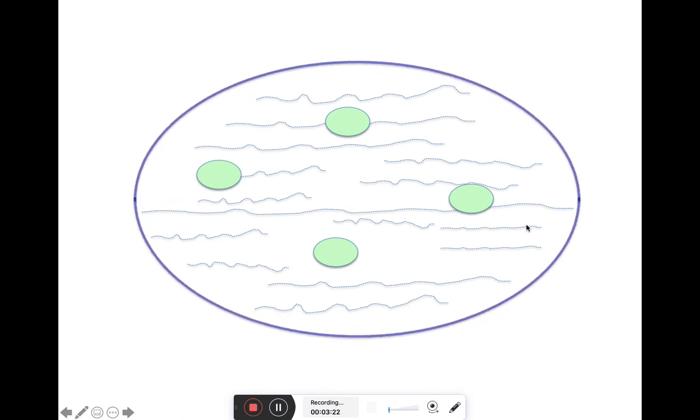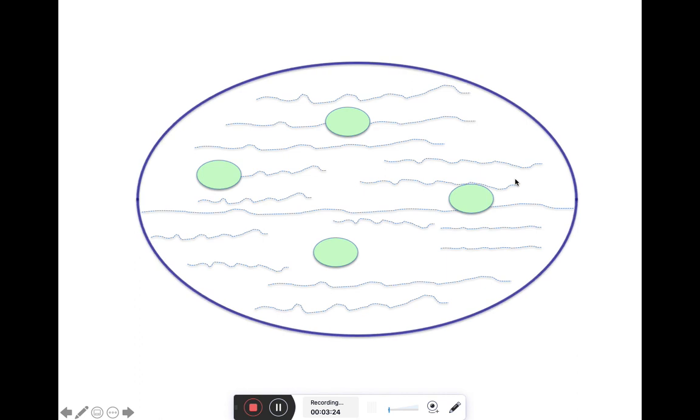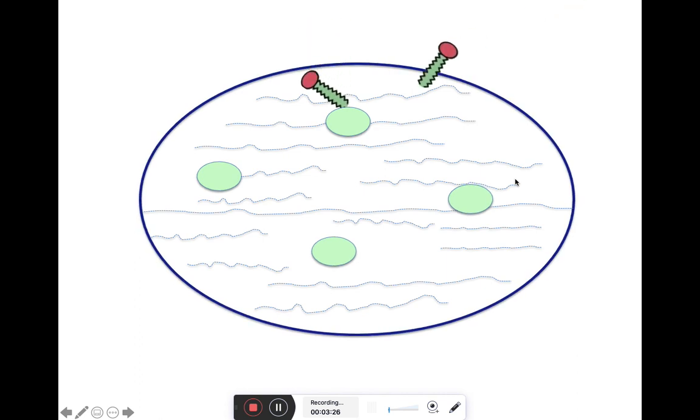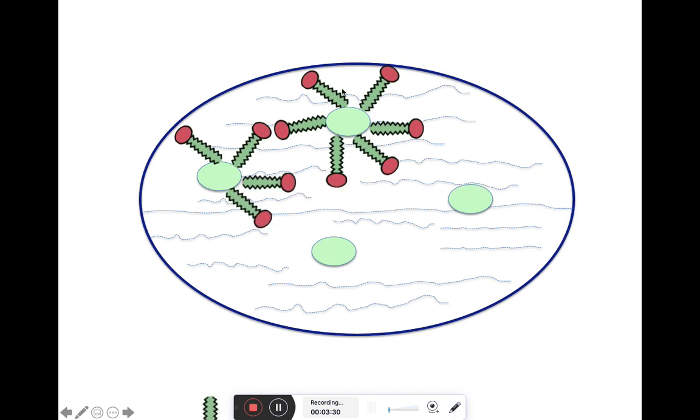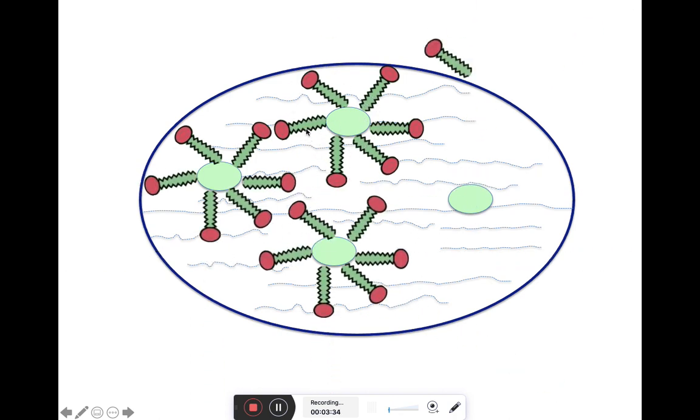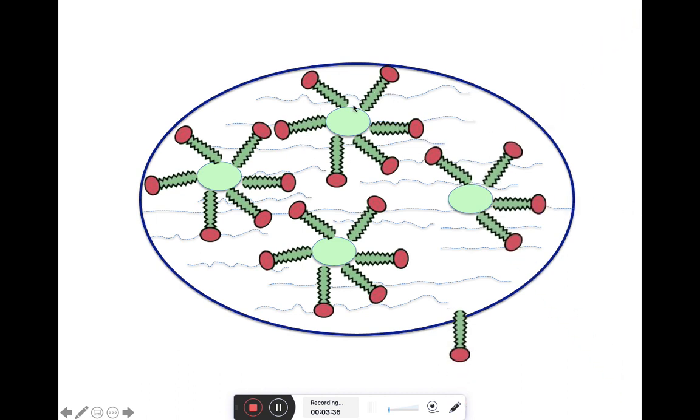But in the GI secretions, if amphipathic molecules are present, these amphipathic lipids form a layer around each lipid droplet in such a manner that non-polar tails are directed towards the lipid droplet and the polar heads are towards the surface. So these lipid droplets will remain suspended in the water-based medium. They will not coalesce with each other.